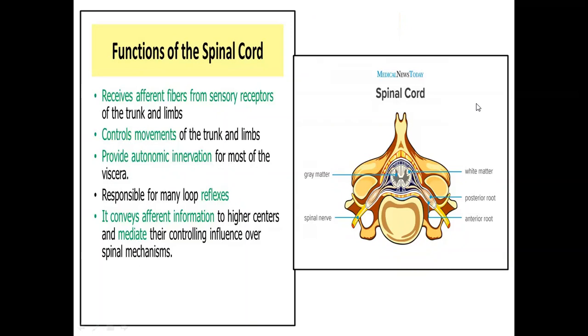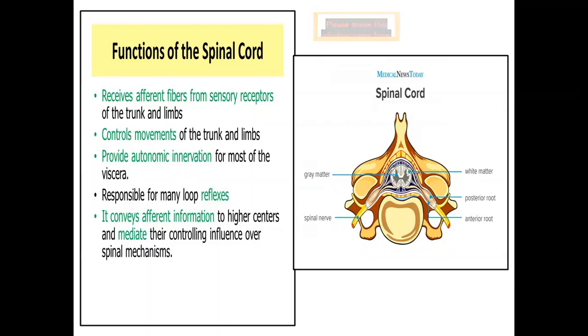Okay, so these are the different functions. That means in one single sentence we can say that it receives information from the peripheral environment to the central nervous system, and accordingly it gives direction by means of motor impulses to the different organs and glands of our body.